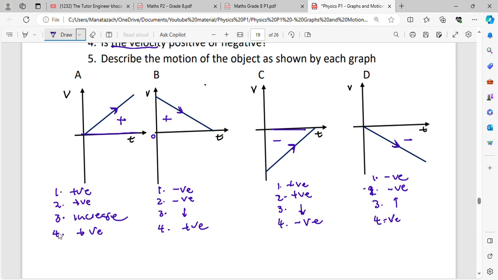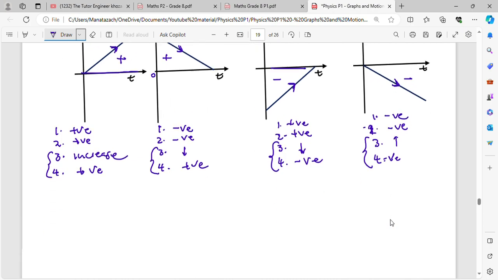So this is going to be the answer to graph A. And then graph B, the velocity is decreasing in the positive direction. And here you have the case where the velocity is decreasing in the negative direction, and here the velocity is increasing in the negative direction. So that would be the description of the motion.